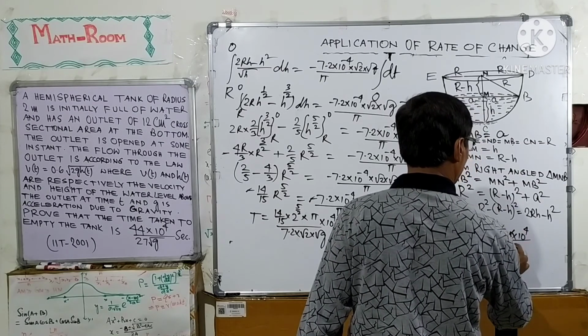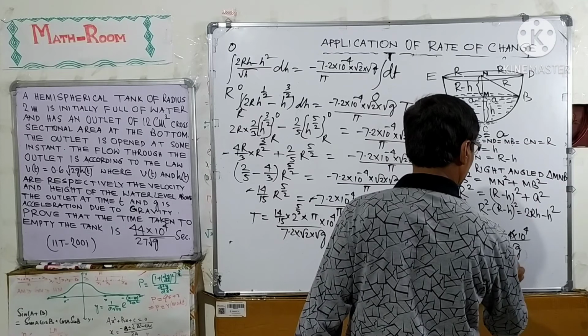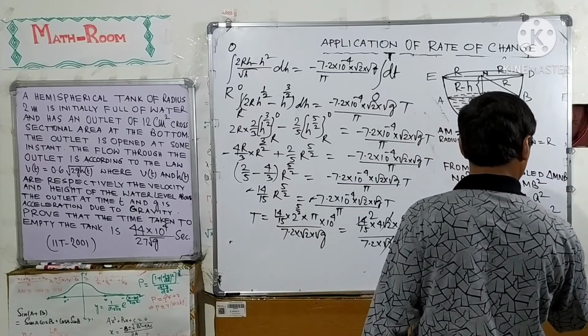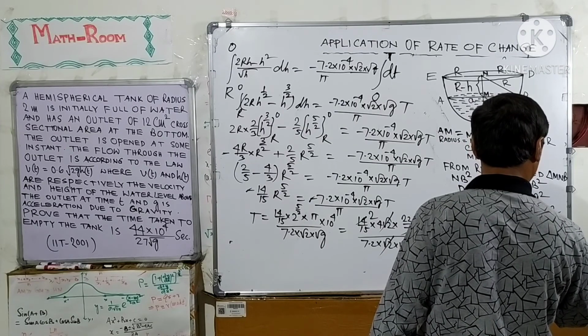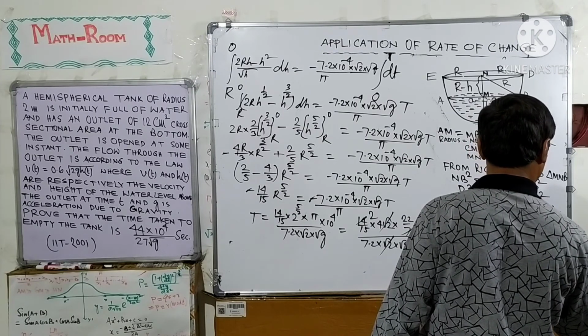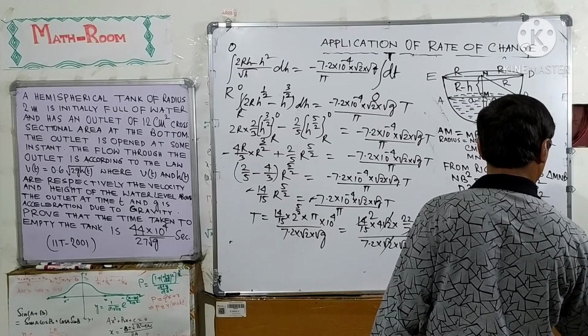If we divide 108 by 4, we get 27. It is 44 into 10 to the power 4 over 27 root g.